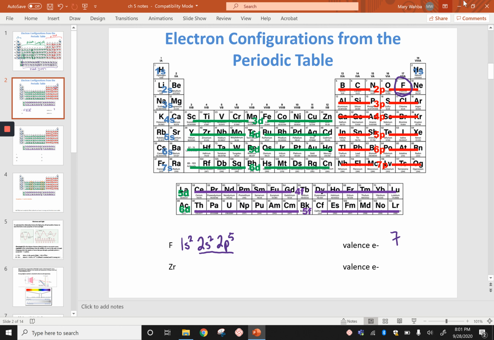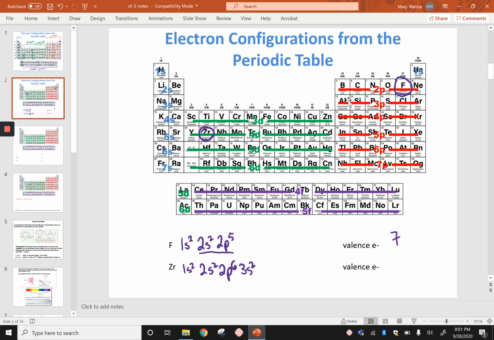Let's try zirconium next. Zirconium is right here. So we're going to start from the beginning of the periodic table. So we see 1s, and there's 2 boxes. So 1s2. Next we see 2s, and there's 2 boxes. So 2s2. Next we see 2p, and there's 6. Then we see 3s, and there's 2 boxes.